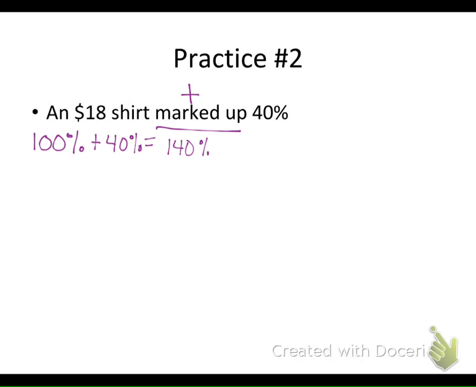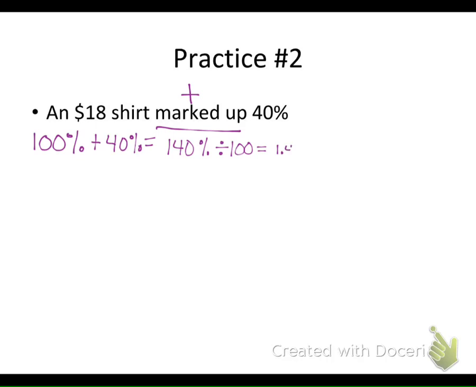Step 3 then says to do what? How do I do that? Don't you divide by 100? That's right. So I'm going to take 140 divided by 100, and what do I get? 1.4.